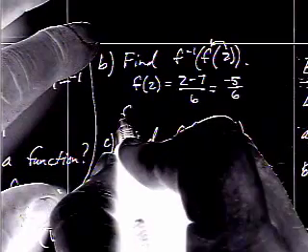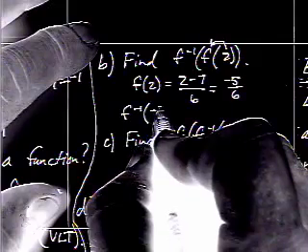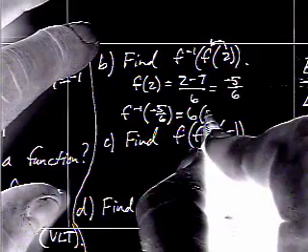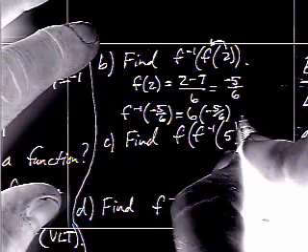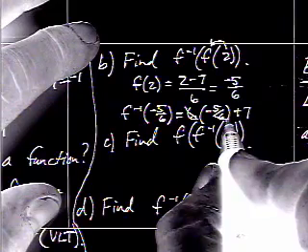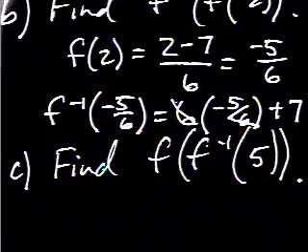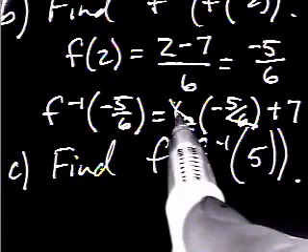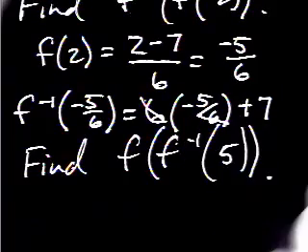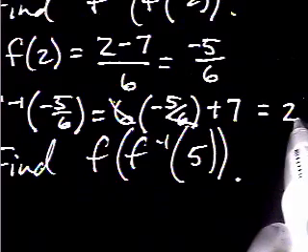Now, what do you get when you plug that into f inverse, right? Well, we have 6 times negative 5 over 6 plus 7. Well, the 6's cancel. The 6's cancel, and that leaves me with negative 5 plus 7. Negative 5 plus 7 is 2.